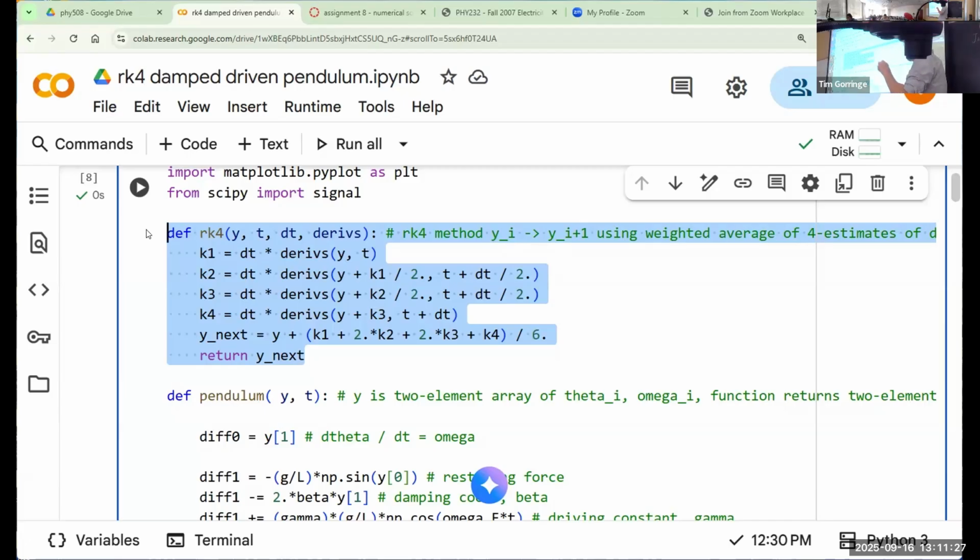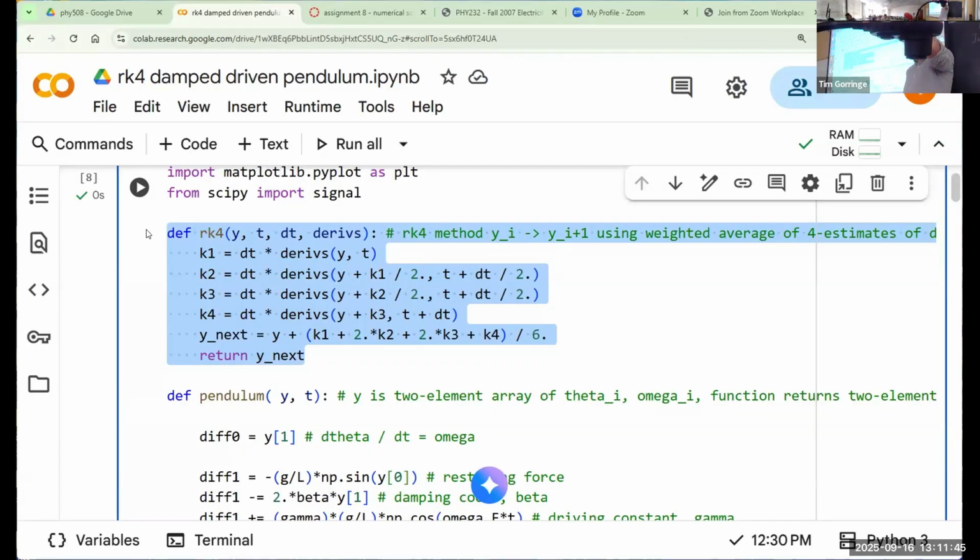Remember, this is a method that uses the Taylor expansion and should be good on individual steps to the fourth power in that little time interval dt from one tick to the next tick.